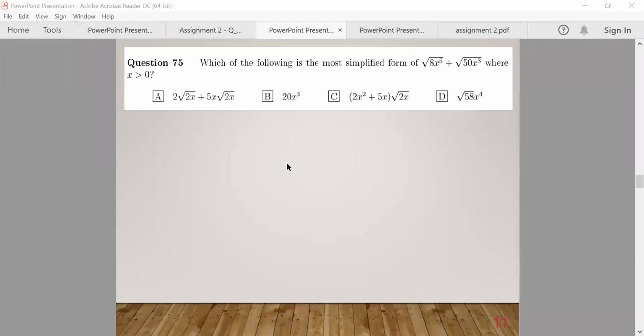Last question in this part. Which of the following is the most simplified form of this expression? X is positive.